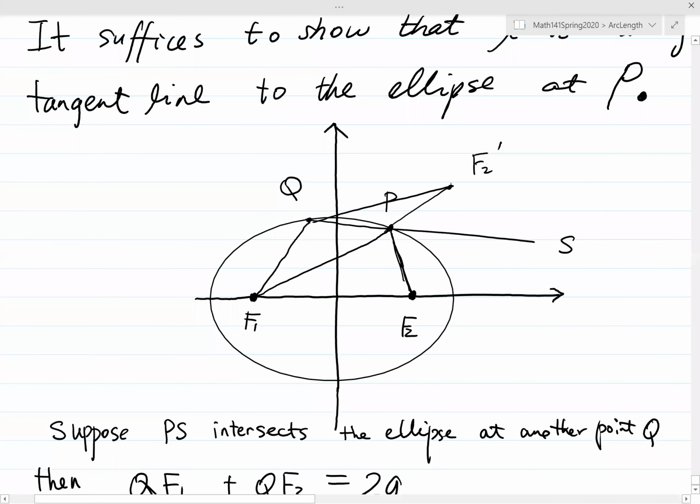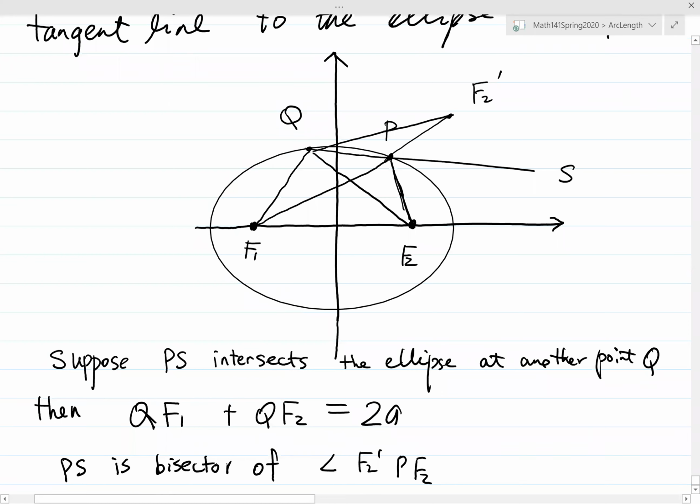Okay, what relation do we have? So we have congruent triangles. What triangles are congruent? Can you see?